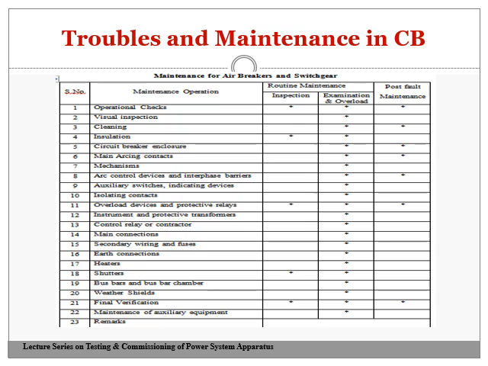The dotted ones show the respective components that should be checked during the maintenance of the circuit breaker. The operational checks, inspection, examination and overload are all done for the particular operations. Likewise, there are 23 aspects to be considered for the maintenance of circuit breakers.